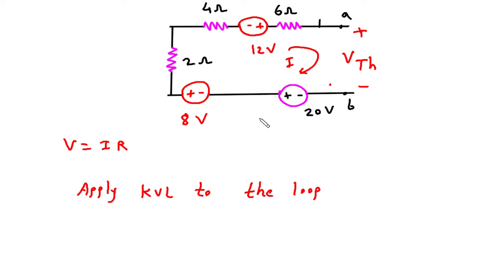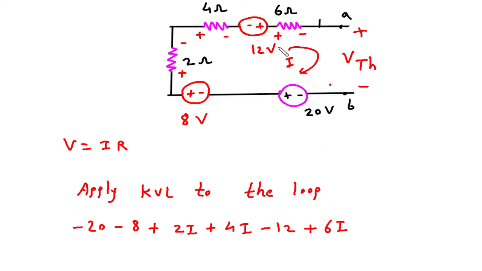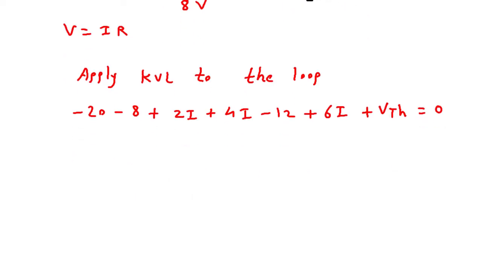So this will be minus 20, then minus 8, then plus 2I, then plus 4I, then minus 12, then plus 6I, then plus VTh is equal to 0. Now here we can see this is open circuited, so this I is equal to 0.